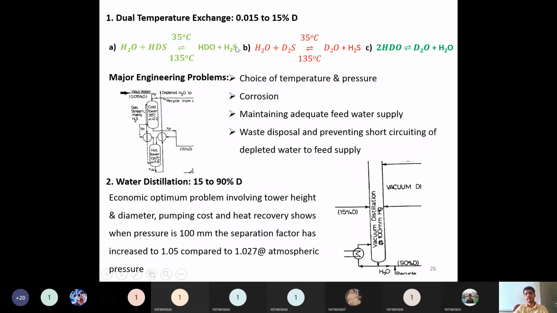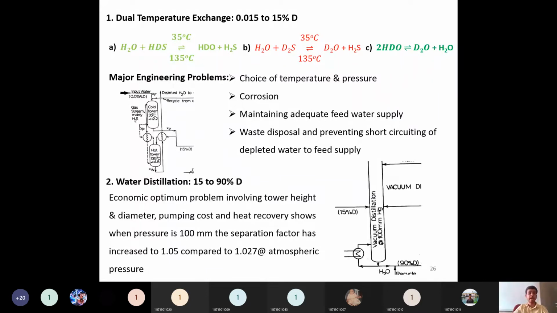H2S, hydrogen sulfide, is a corrosive gas. H2S used in this reactor is highly corrosive and corrodes carbon steel. If you are manufacturing your hot tower and cold tower using carbon steel, then it will be corroded.